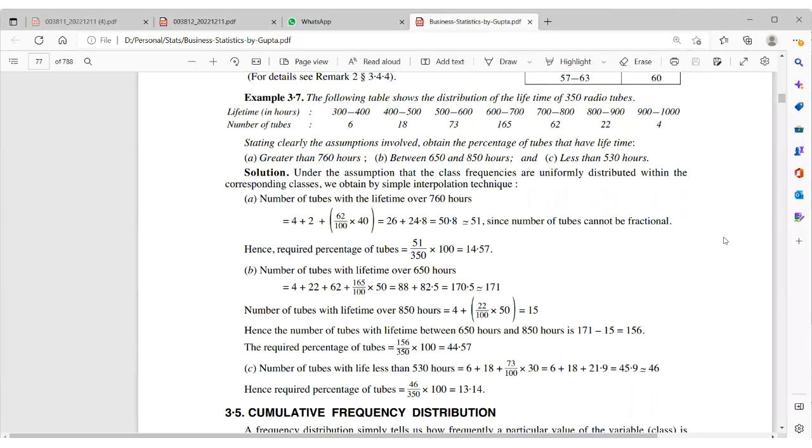Stating clearly the assumption involved, obtain the percentage of tubes that have lifetime: first, greater than 760; second, between 650 to 850 hours; third, less than 530 hours.